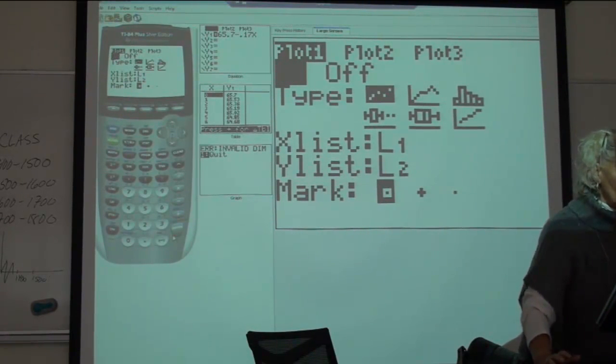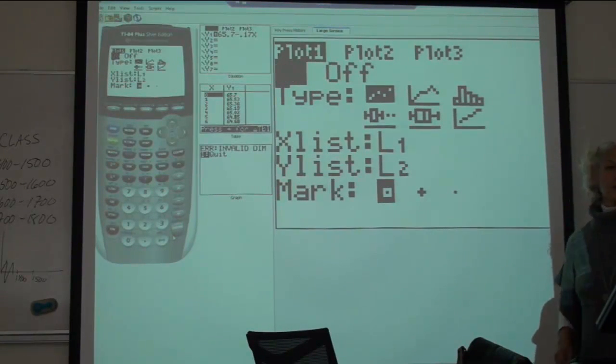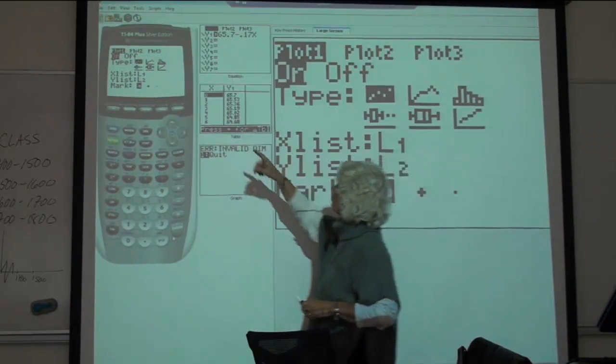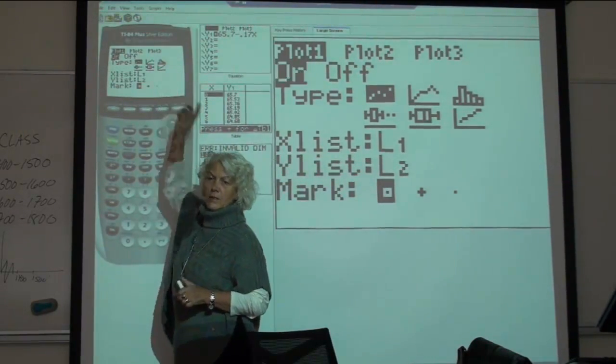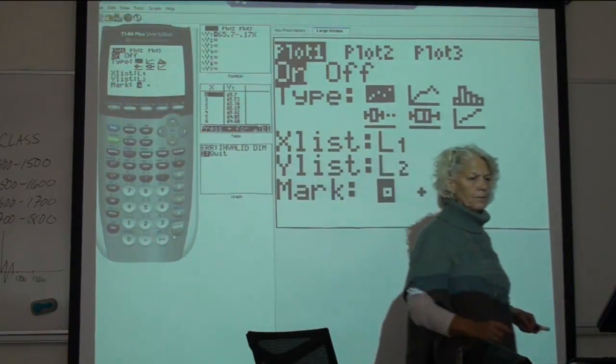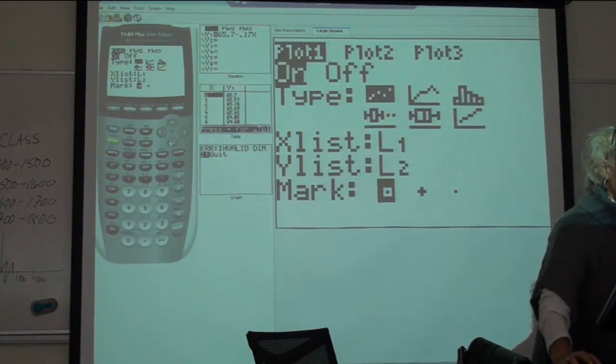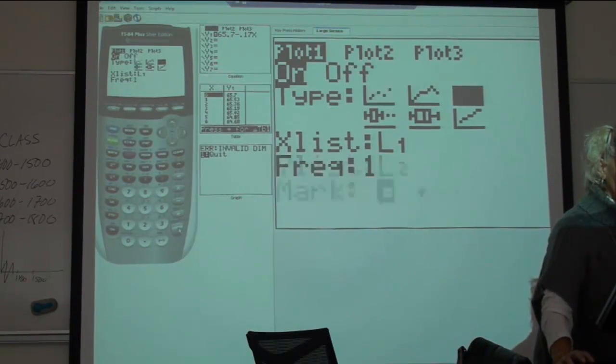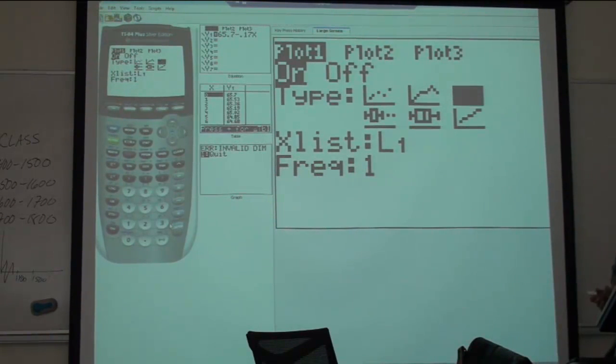Okay? And which of the little pictures is the histogram? You see, down and over 3? So we're going to choose the histogram. Enter. And it asks us where our values are.